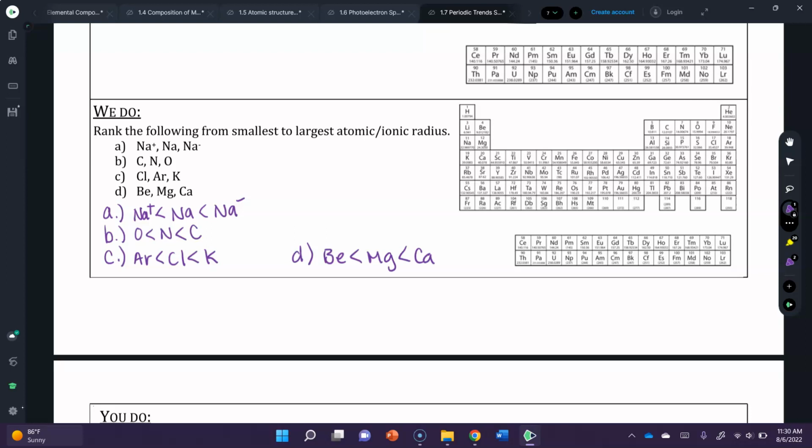Okay, for C, as a hint, if we're looking at elements that are in the same period, we're going to focus on the effective nuclear charge.